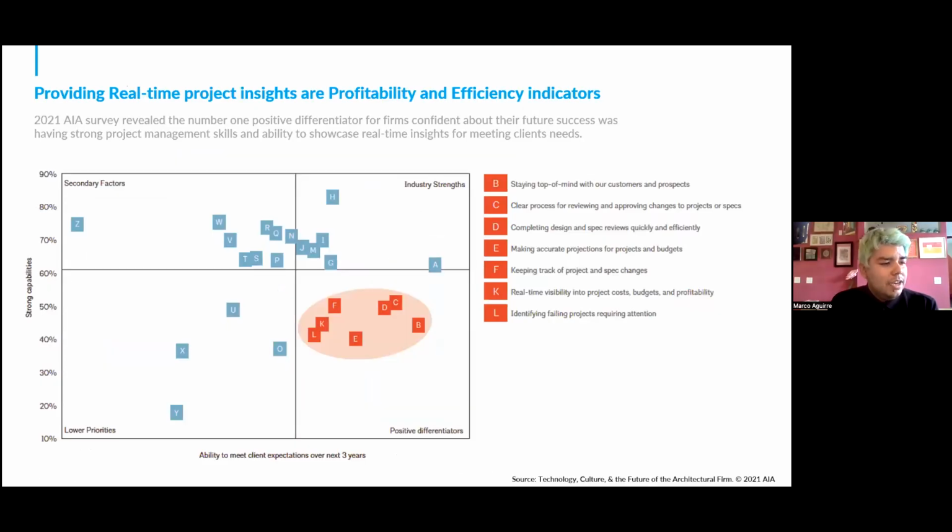And then finally, this is coming from the 2021 AIA report on technology, culture, and the future of the architecture firm. One of the biggest indicators for profitability and efficiency for firms across the industry was whether they were able to demonstrate strong project management skills and also showcase real-time insights that were able to meet the client's needs.